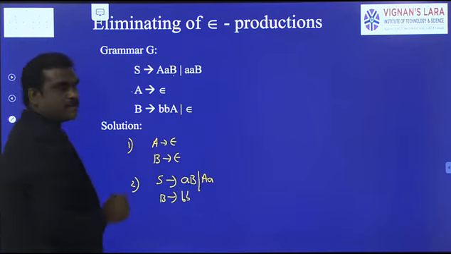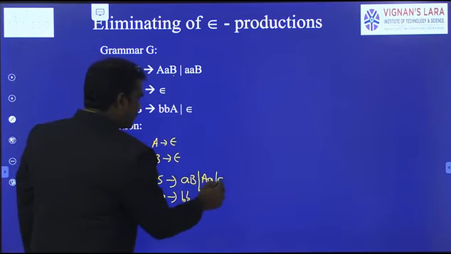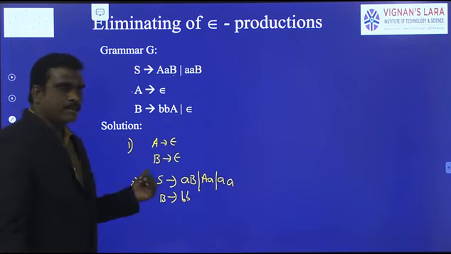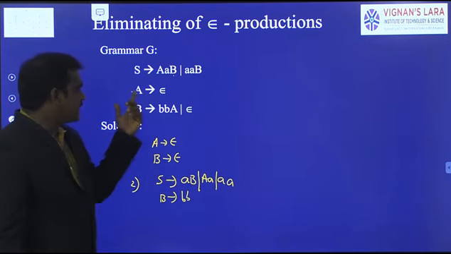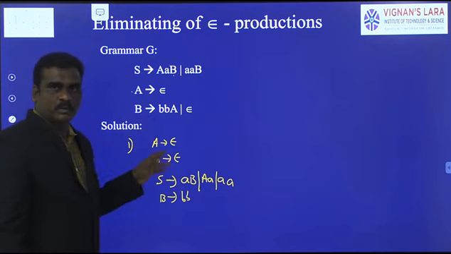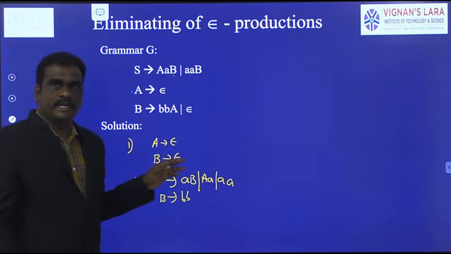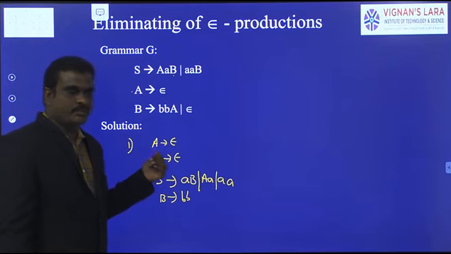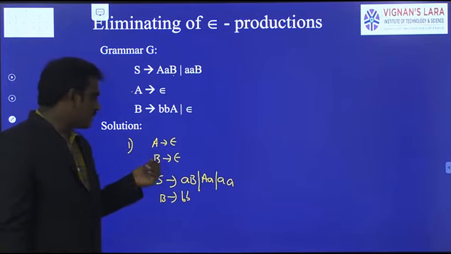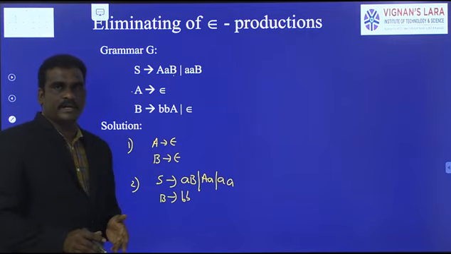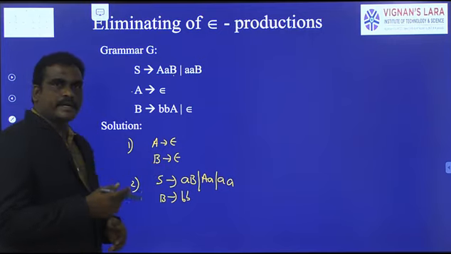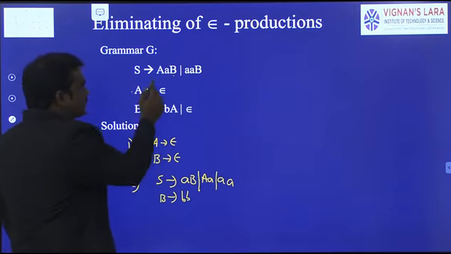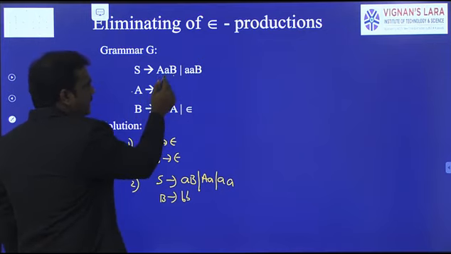Next one, B is replaced with epsilon, then AA, and there is no B. One more important point: when the given grammar contains 2 nullable productions, first eliminate the nullable production A, next eliminate the nullable production B separately, individually. Later, apply the nullable productions A and B at a time. Now A is epsilon, B is epsilon, then we will get A.